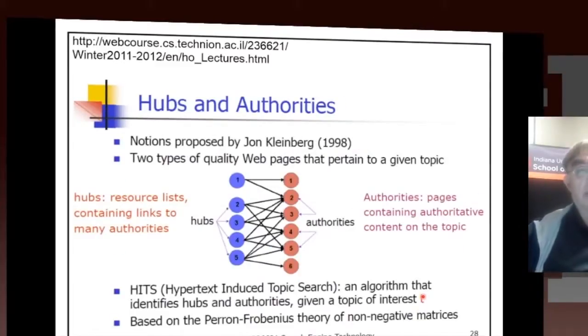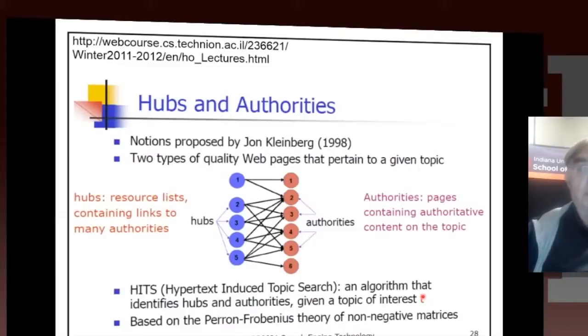So an early idea from Kleinberg was the concept of hubs and authorities, and those are still pretty important concepts. Authorities are things like Wikipedia or encyclopedias or dictionaries, which are pages containing authoritative content on a particular topic.